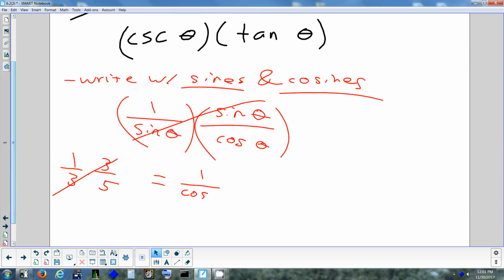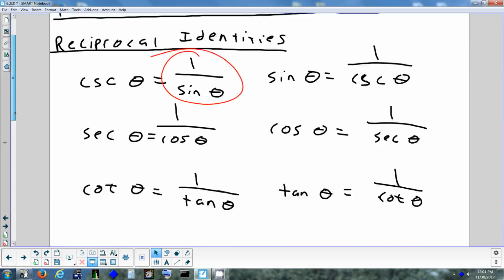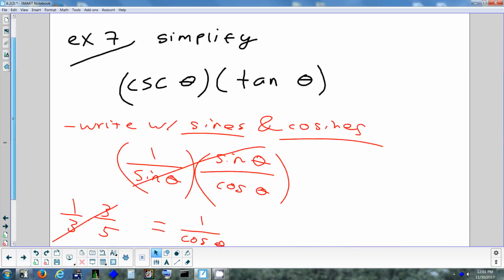All you're left with is 1 with a cosine at the bottom. Look back one more time. 1 with a cosine in the bottom is secant.